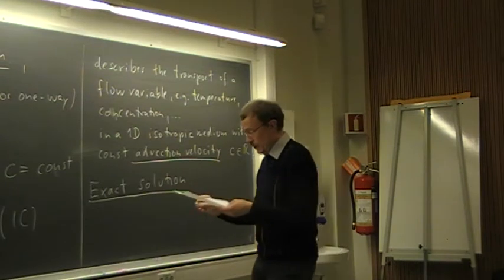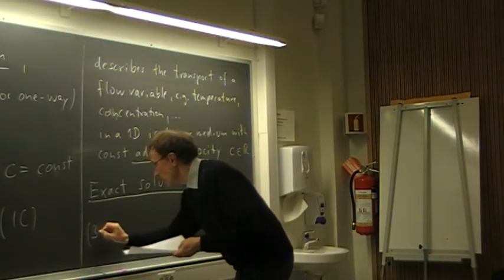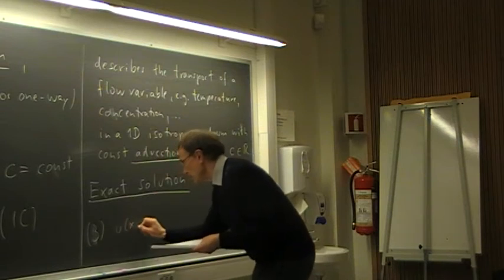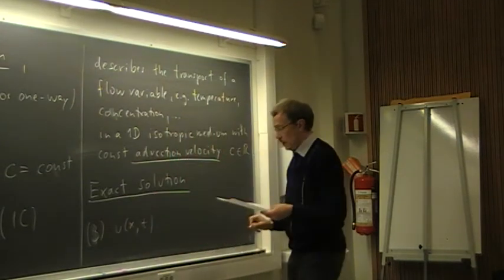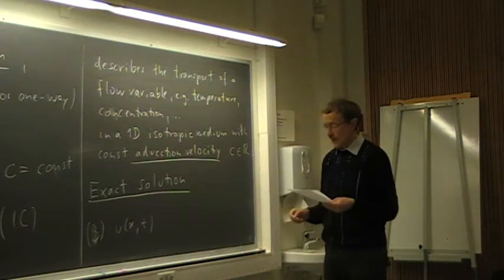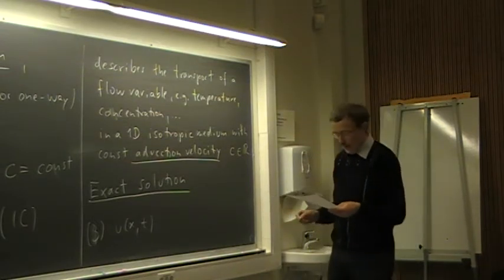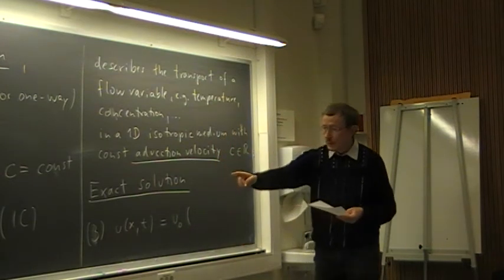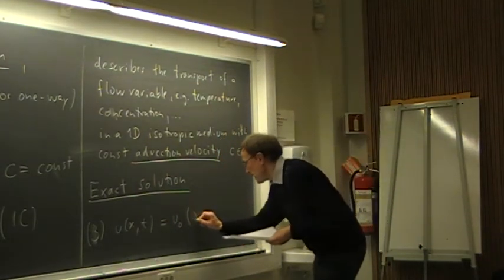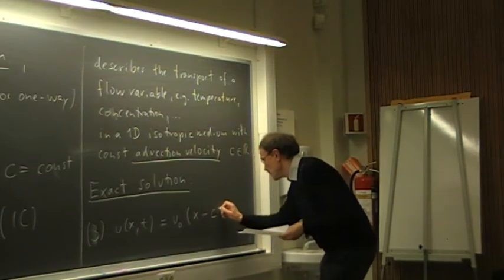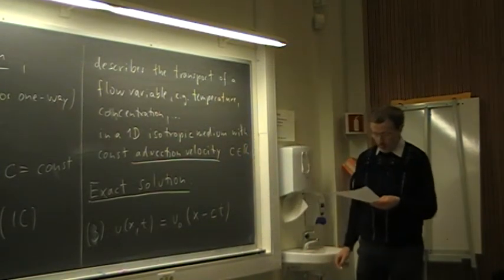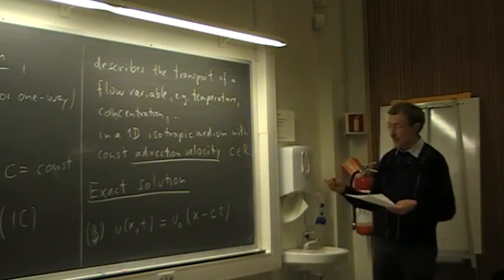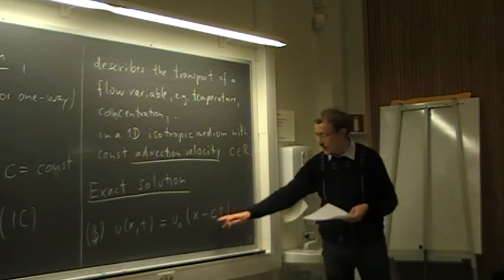The exact solution is that the solution at any point x in space, any time instant t, is equal to the initial condition u0 taken at x minus ct. So we go back in space, if c is positive, by this distance.